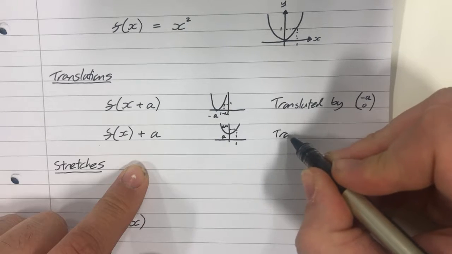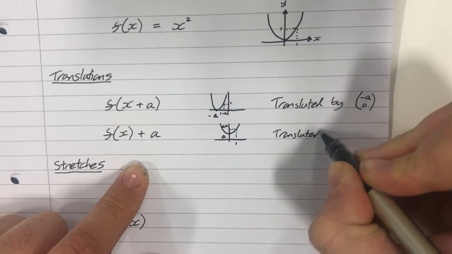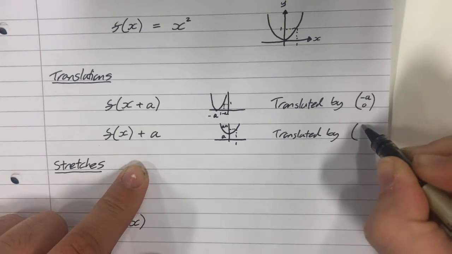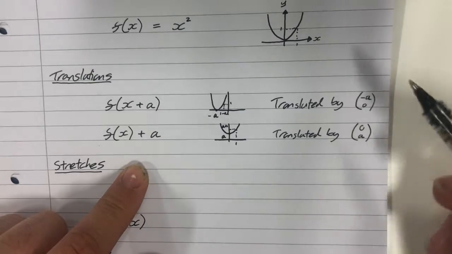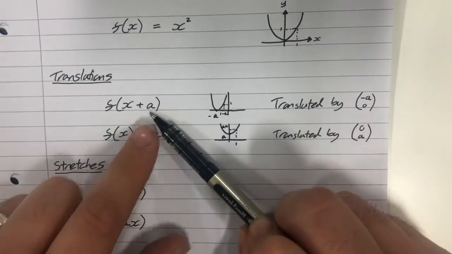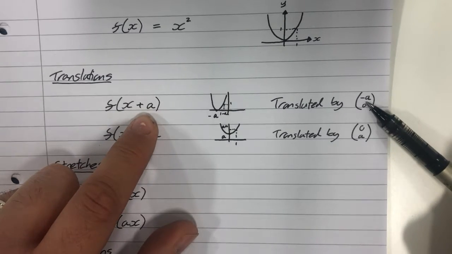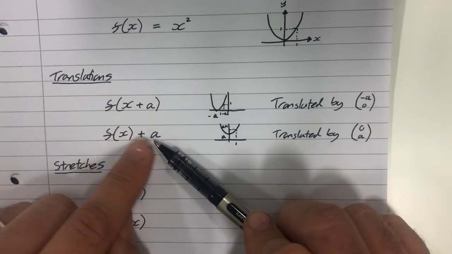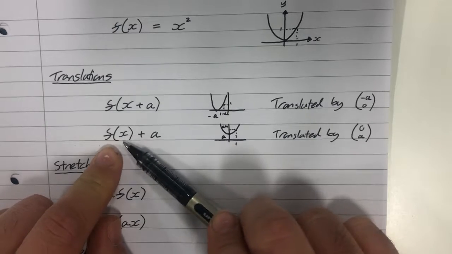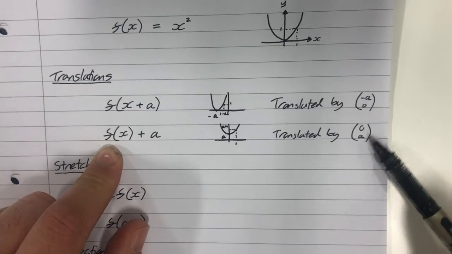And this is a translation by the vector 0, a. So what you may have been taught is that if it affects the x, if it's inside the bracket directly, it does the opposite of what you think. So it actually subtracts a from all the x coordinates. And if it's outside the bracket, doesn't affect x directly, then it does what you think and moves it up.